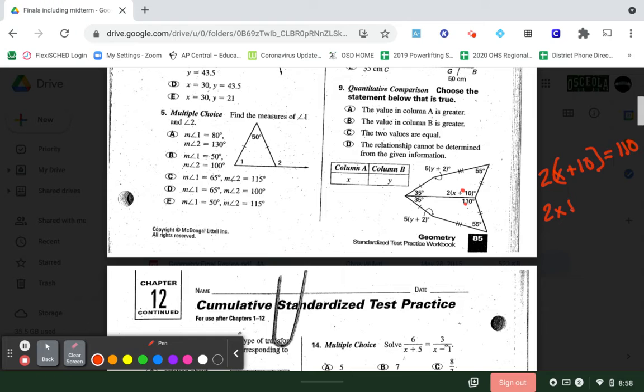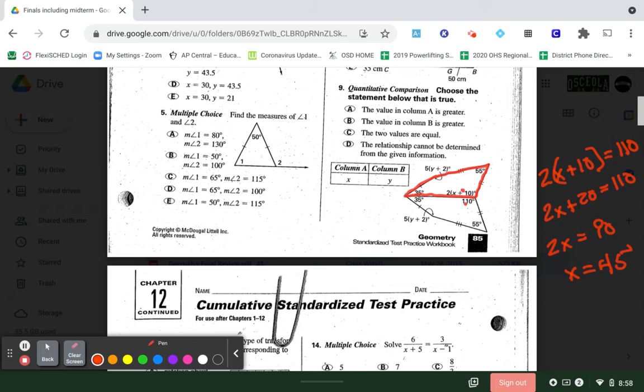So 2x plus 20 is equal to 110. So 2x is equal to 90. So x is equal to 45. So we know that x is 45. Now I think we're going to use the fact that since this has 4 sides, the angles add up to 360.